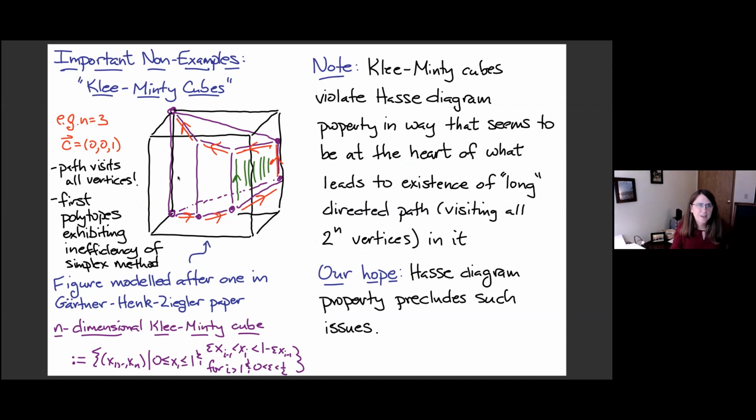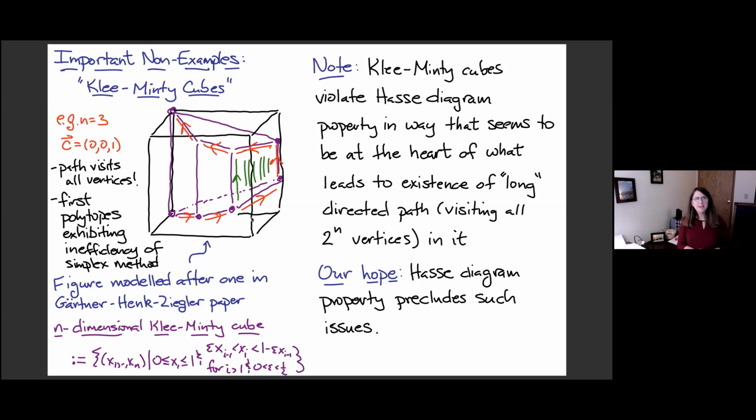If the cost vector is going up, then you would go like this. And I want to point out that this very badly fails the Hasse diagram property. You can see it in this green face here, right? You keep departing from edges and coming back to them all over the place in this example. So this gave me some hope that the Hasse diagram property is getting at something.